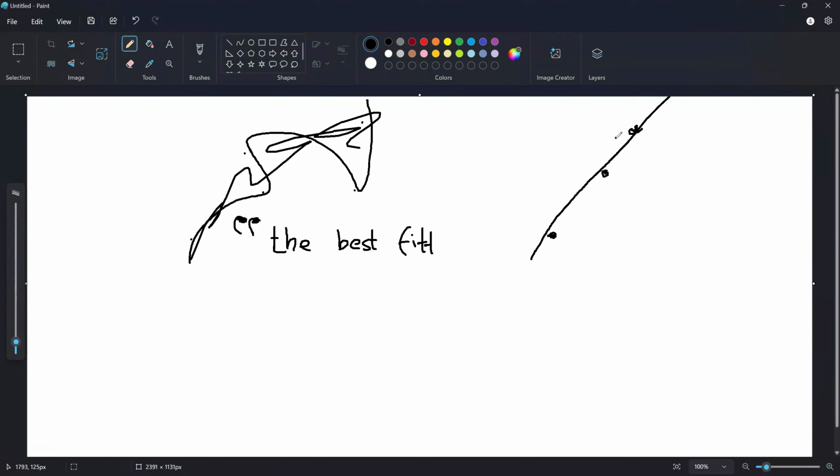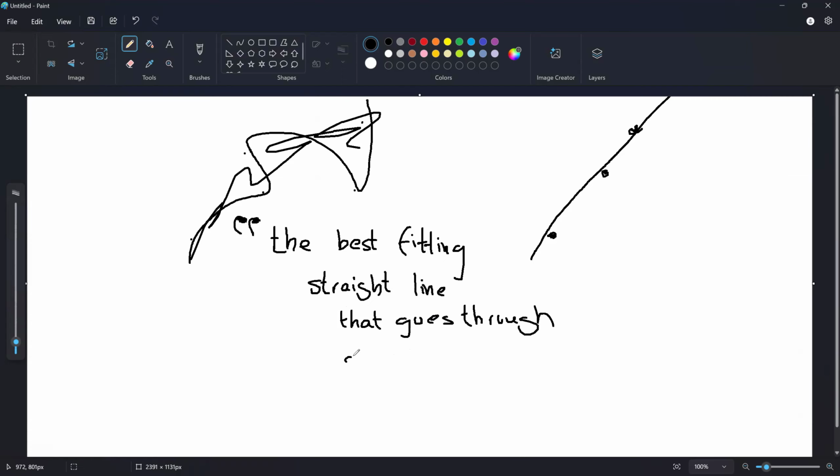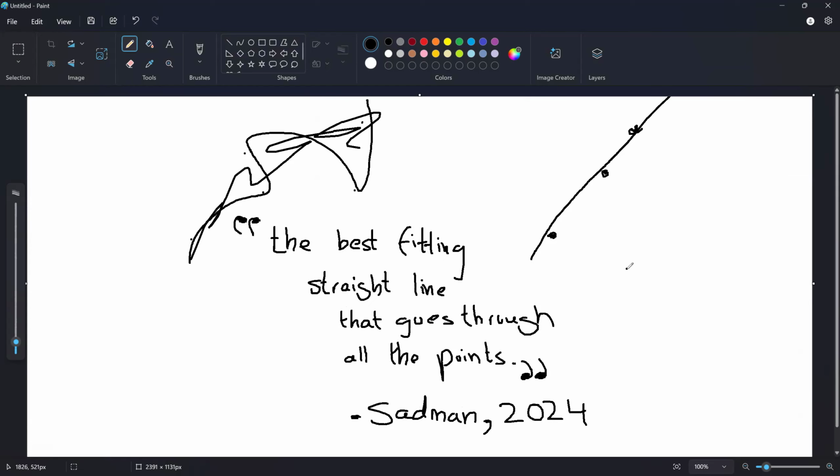We try to fit the best fitting straight line that goes through all the points. Okay, that's linear regression.